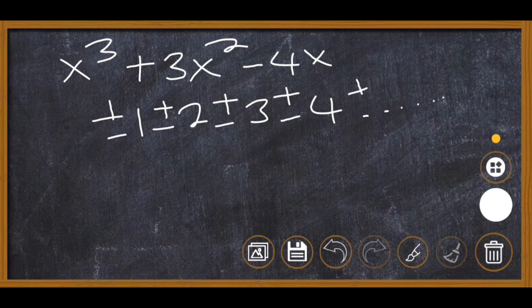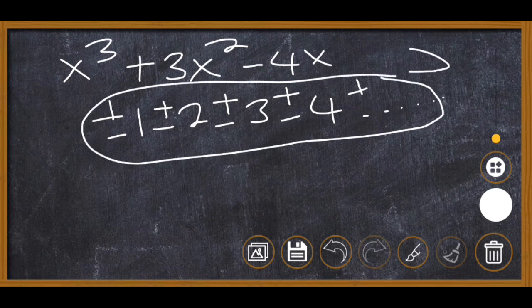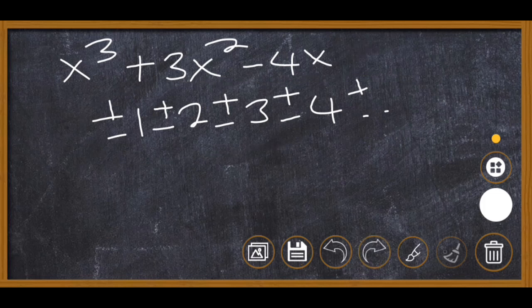A factor is a value which, when you replace x with it in the given polynomial, gives you 0. If you replace with such a value and it gives you 0, it means that that value is a factor.